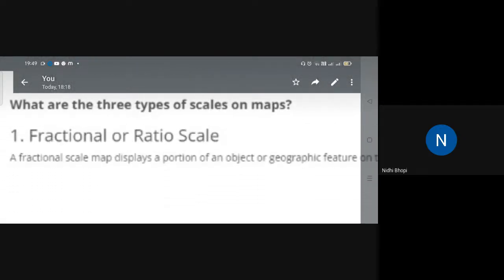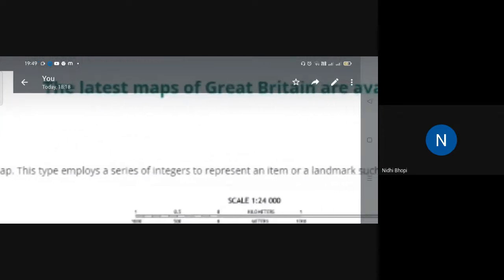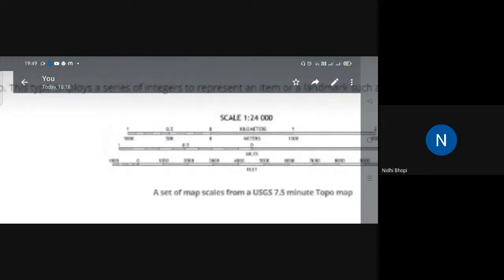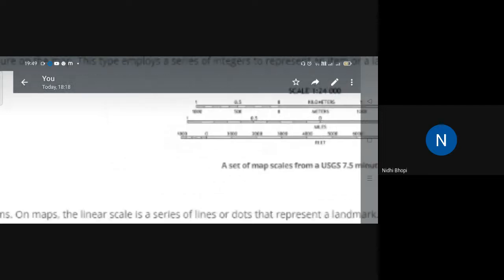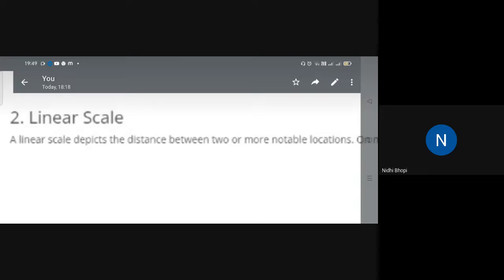Now, what are the three types of scale? One is the fractional ratio scale, where we put the ratio part, like 1 is to 24,000. The second is the linear scale. Linear means when you draw the line, like I told you, you use your ruler.